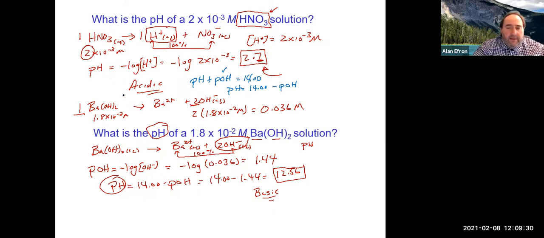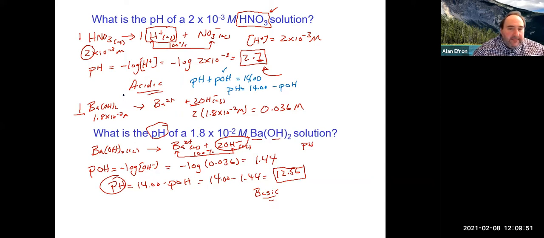All right, so that would be nice if everything was pretty straightforward like that, but obviously it's not going to be. So when we deal with weak acids and also weak bases, it's a little bit more difficult, or a little bit more steps involved to get us to the pH or the pOH.